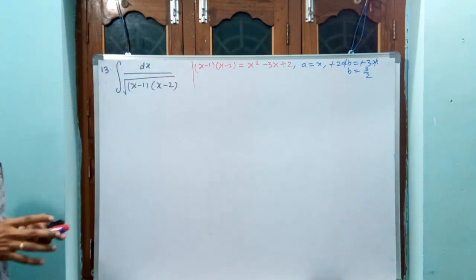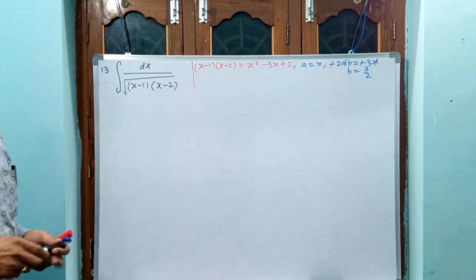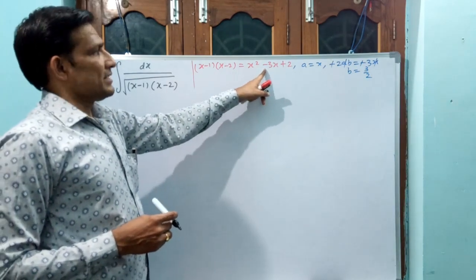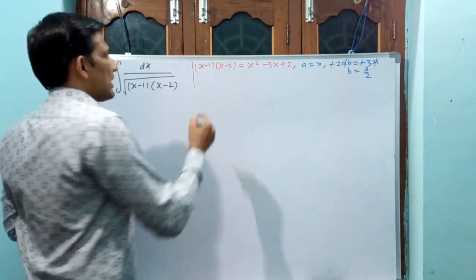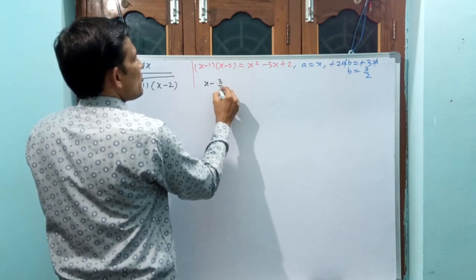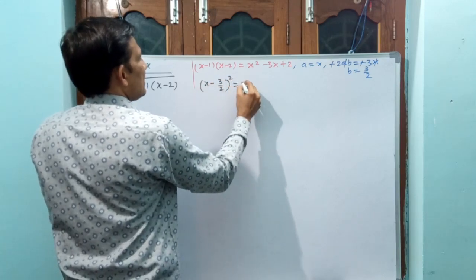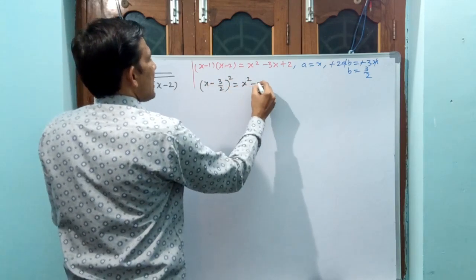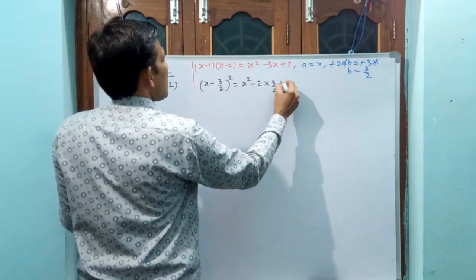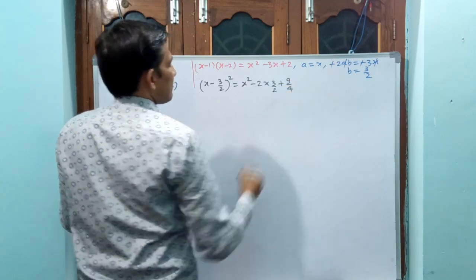Then you write down that formula, because minus 2ab is there. That means (a minus b) whole square, where a is x and b is 3 by 2: a square minus 2 into x into 3 by 2 plus b square, 9 by 4.